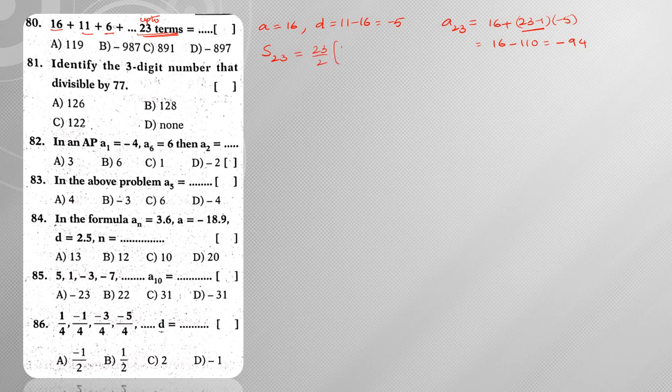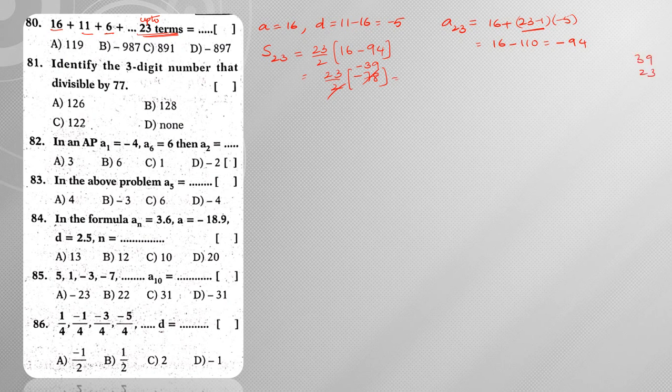Now since I need the sum of those 23 terms, S23 is equal to 23 by 2 into first term plus last term. So 16 minus 94. From this I am going to get 23 by 2 into 16 minus 94. 94 minus 10 is 84, 84 minus 6 is minus 78. Now in 2 table if I cancel it out, what am I going to get? Minus 2 3s are 6, 9s are 18. So 39 into 23.